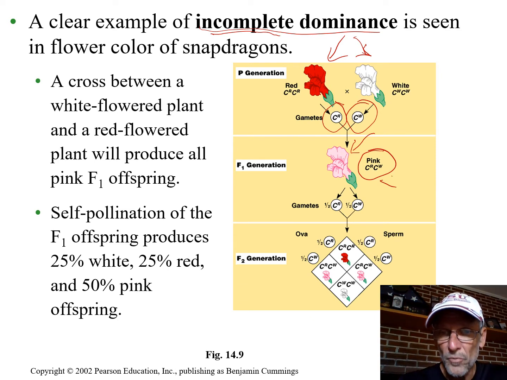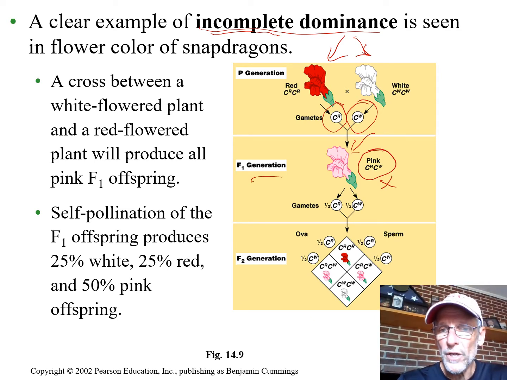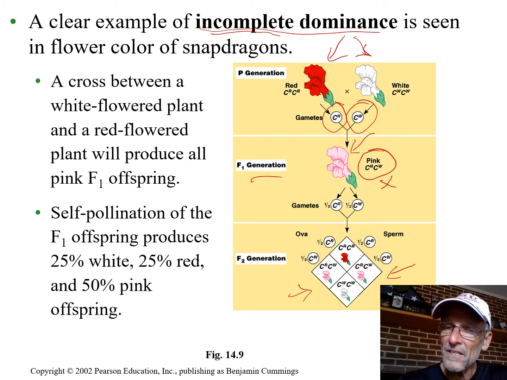So if we cross 2 pink flowered individuals, F1 cross, right, we're going to get this ratio of phenotypes in the offspring. If we had simple dominance here, we would get 3 to 1. If red was dominant, we'd get 3 red to 1 white.